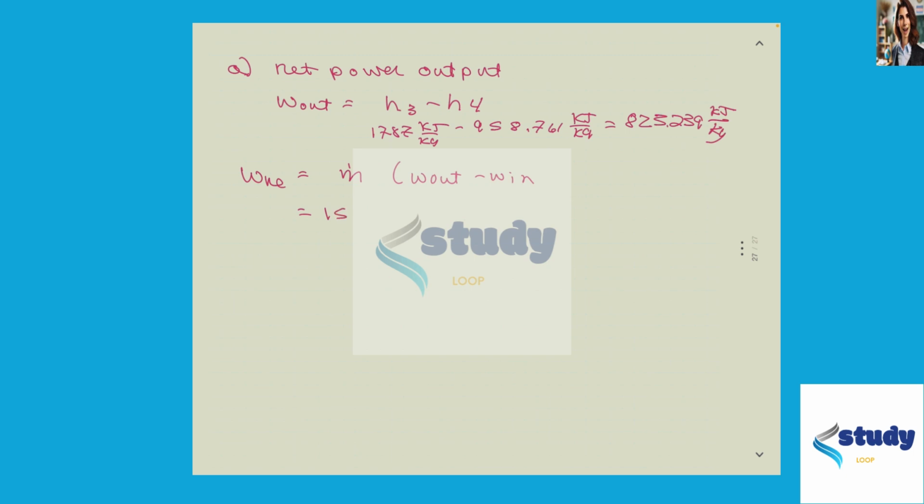So this will equal 15.771 times 823.239 minus 444.259. So my net work will equal 5976.9 kilowatts.